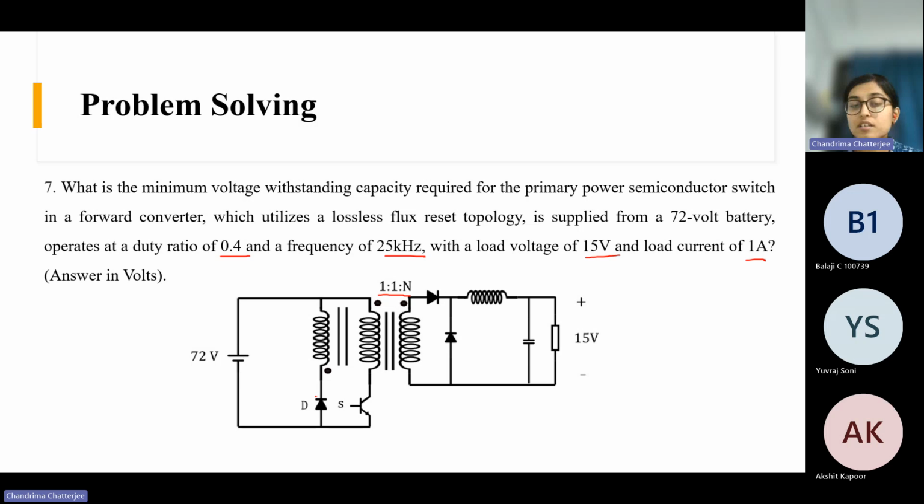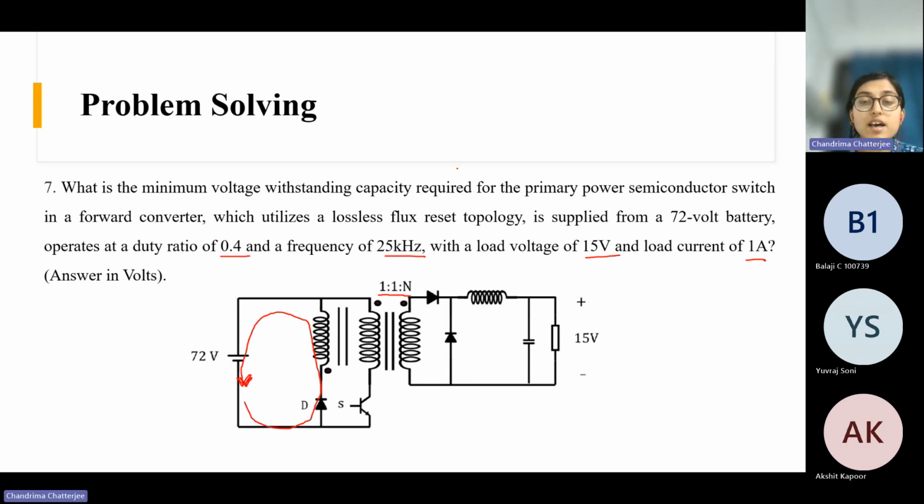And there is this diode. So when there will be requirement of core reset, the current will flow in this manner through the supply and the core will get reset without any significant loss, right?